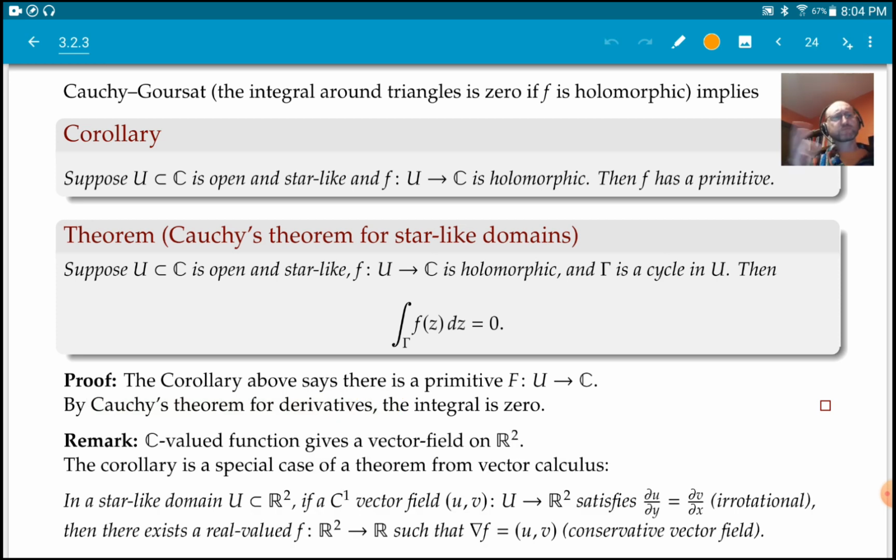All right. Now, just as a remark, if the proof seems familiar, you might have seen this in a vector calculus class, because it's basically a version of this theorem about vector fields.